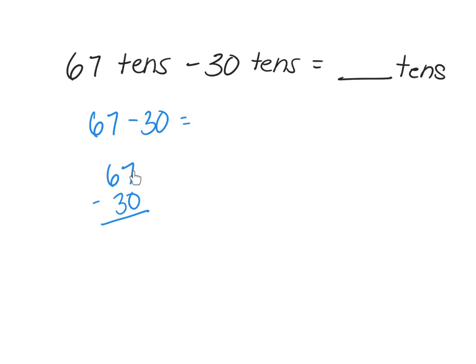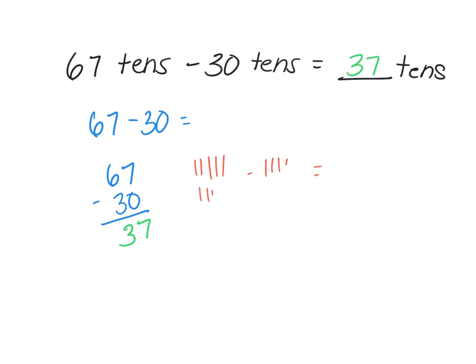7 take away 0 leaves me with 7. And 6 take away 3 leaves me with 3. So right now my answer is 37 tens. Because it's kind of like saying if I had 67, and I'm not going to draw it out, 67 10 sticks, and I take away 30 10 sticks, how many 10 sticks will I have left over?